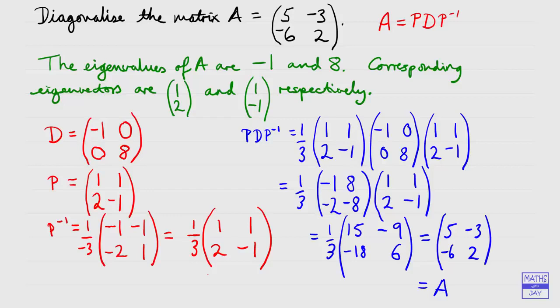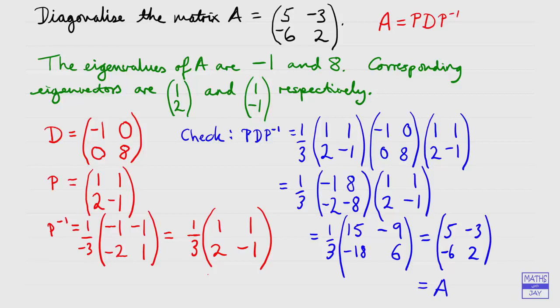So really this bit here is just checking that we have got the right answer. So we have diagonalized A, so the matrix D is the diagonal matrix, and we have shown that we can write A as the matrix P multiplied by the diagonal matrix D multiplied by the inverse of the matrix P. So remember, the actual hard bit here is the first part where you need to find the eigenvalues and the eigenvectors.